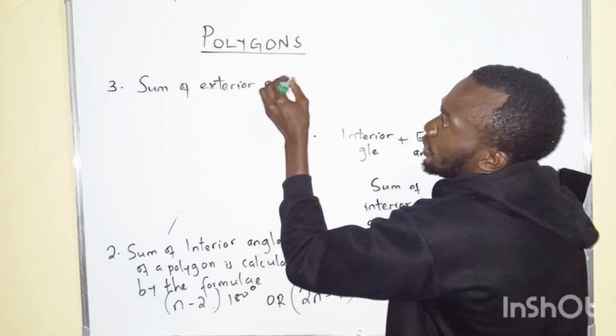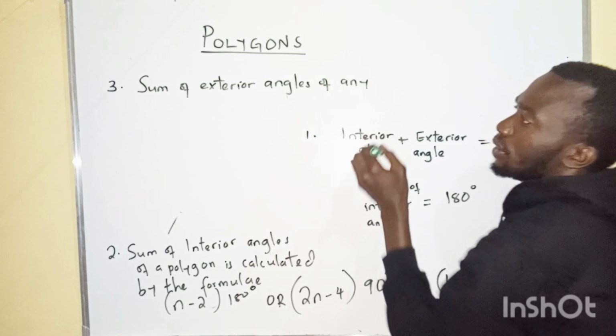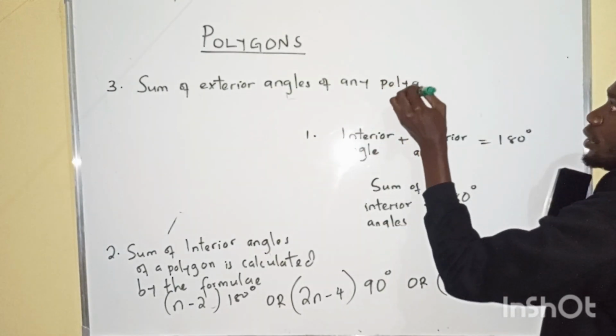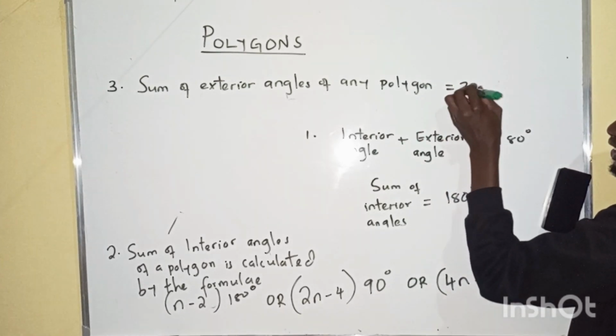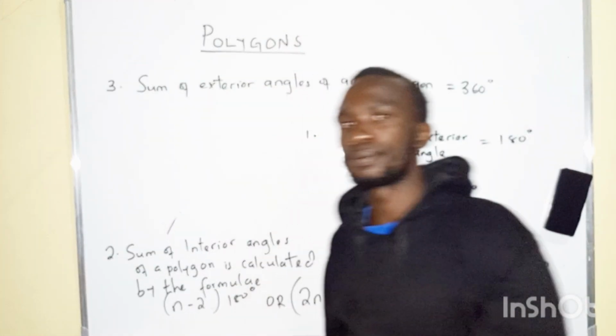Sum of exterior angles of any polygon should be equal to 360 degrees. It will always give you a sum of 360 degrees.